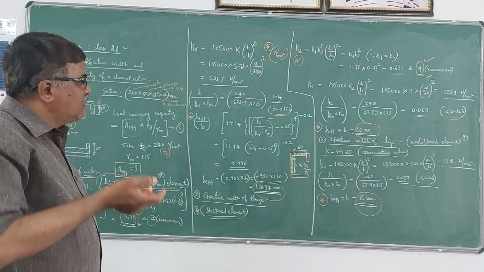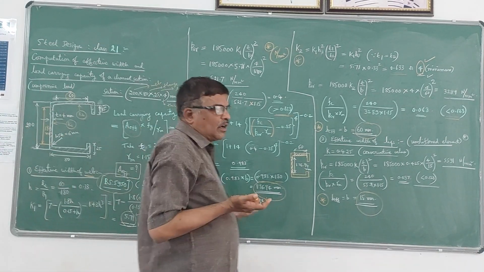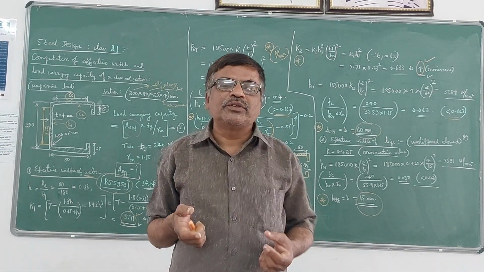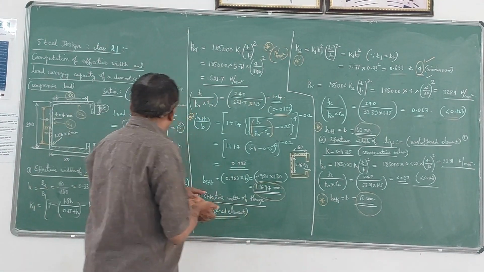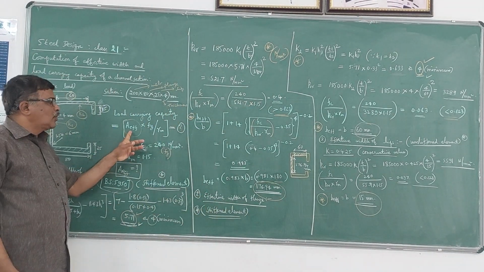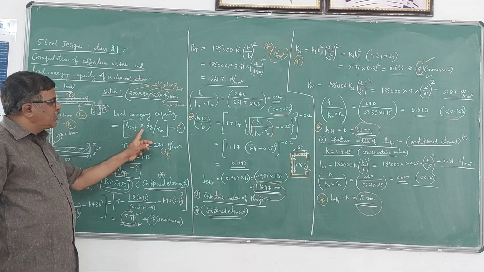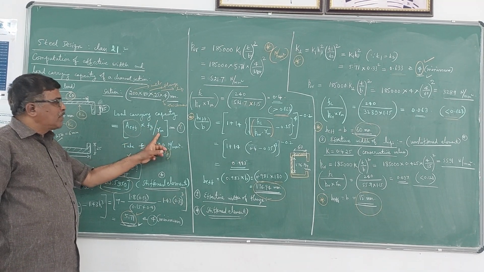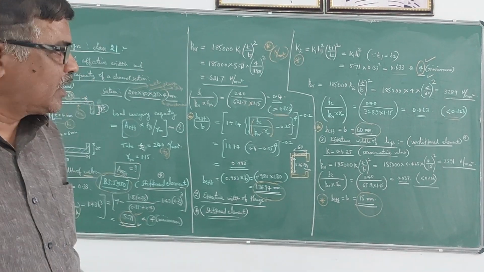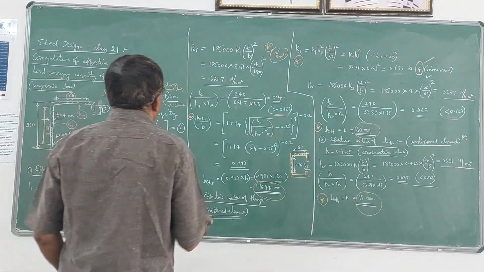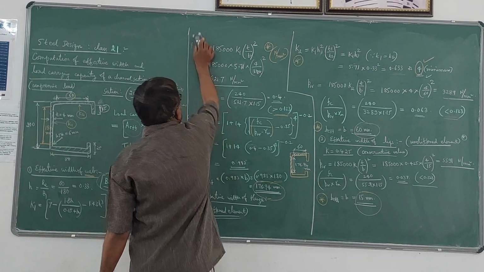Now when these effective widths are multiplied by the respective thickness, you are going to get the effective area. Once the effective area is known, you have to multiply that effective area by Fy and divide it by gamma m to get the load carrying capacity. Now let us complete this in a tabular form.